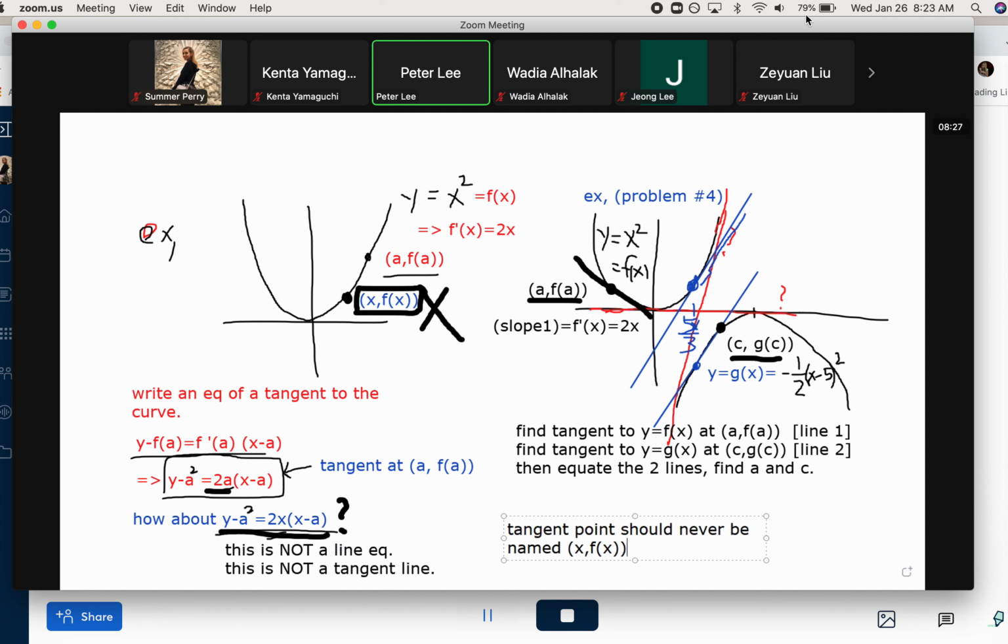It should never be named x comma f of x unless you know what you're getting into. Sometimes it works, but a lot of times it doesn't work. So never call it x comma f of x. Never. All right, any questions here? Anybody has any questions here?